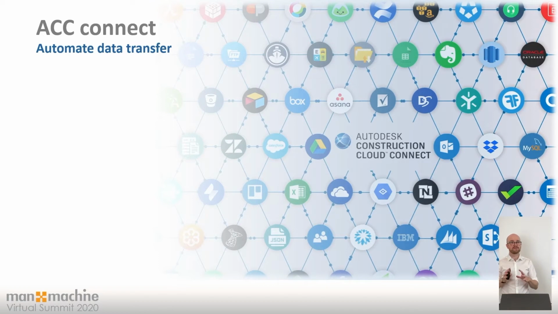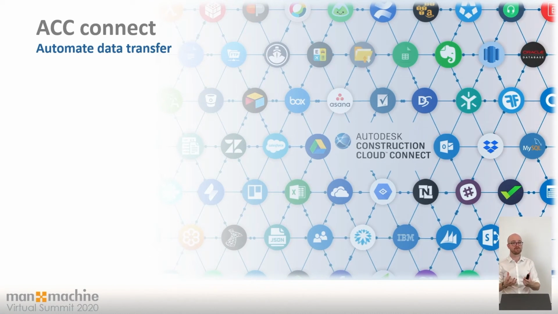The other thing in terms of integration, which is enormous for BIM 360, is the ACC Connect platform that Autodesk are looking at using. To give you a very quick insight into what it actually does, it allows you to connect BIM 360 with hundreds of online platforms. And this really breaks down the barrier and the silo between the way that you might work with BIM 360.